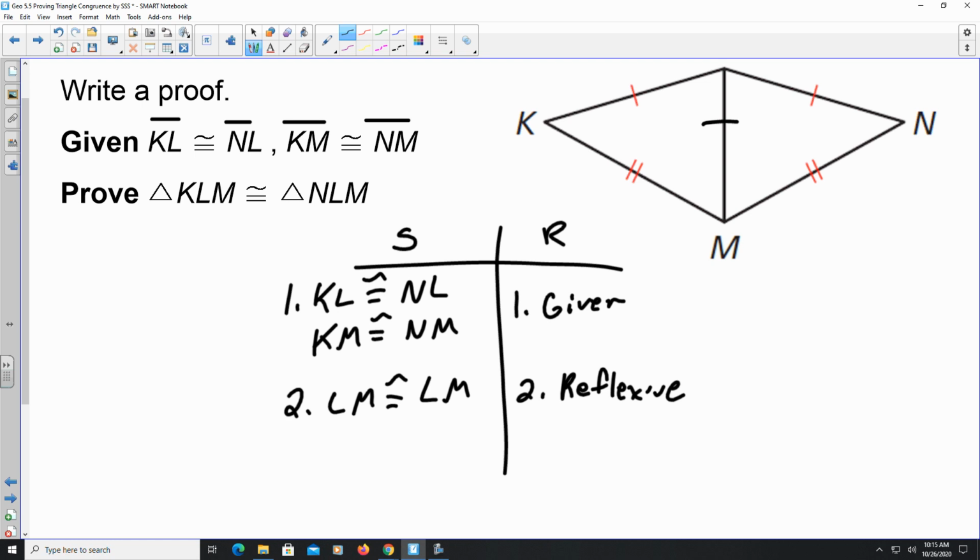I'll make a little hash mark there. So we have all the corresponding sides showing that they are congruent. Now I can say that triangle KLM is congruent to triangle NLM because of side, side, side.